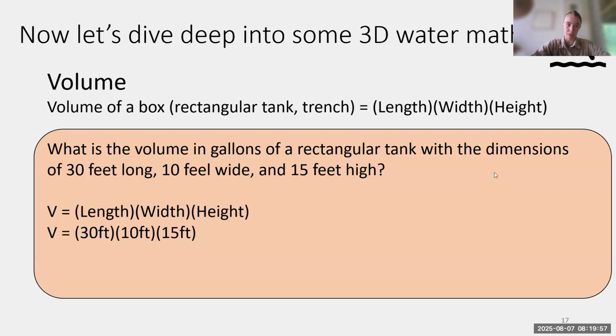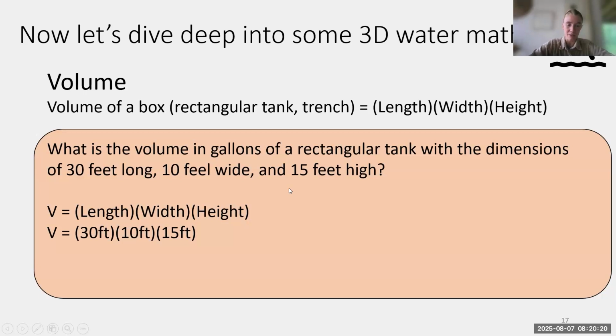So in this example, here we've got: what is the volume in gallons of a rectangular tank with dimensions of 30 feet in length, 10 feet wide, and 15 feet in height? So our equation that we're working with, volume of a box equals length times width times height.